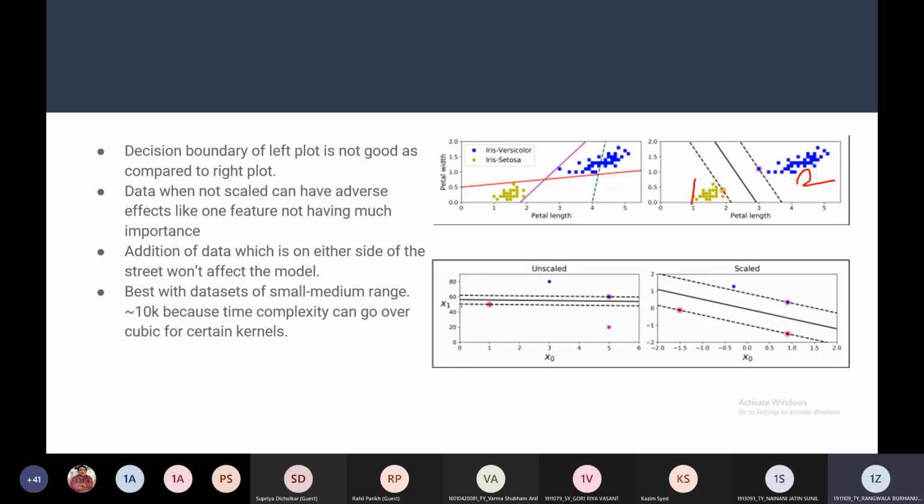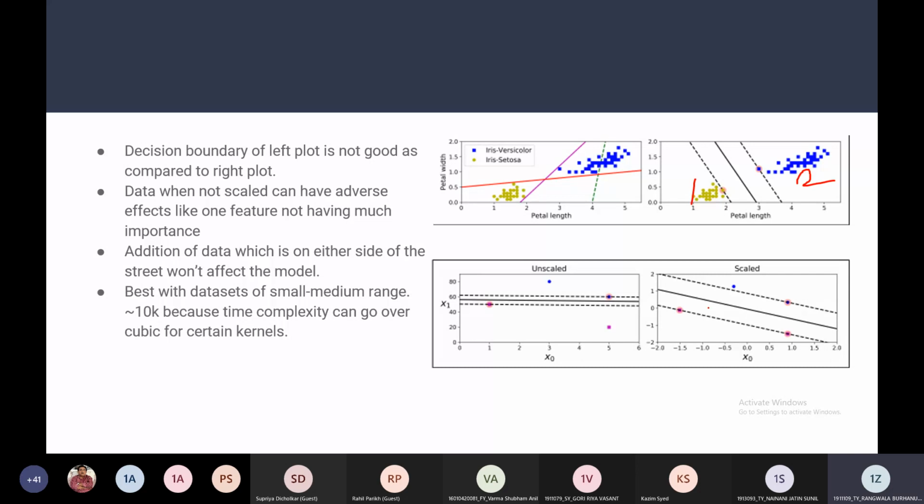It just classifies things on the basis of whether something is over 62 centimeters or less than 52 centimeters. This is not really good because it doesn't utilize the x0 feature, in this case the weight, at all. So what you do is scale it so the magnitude of the features is the same, and it will form a much better street.